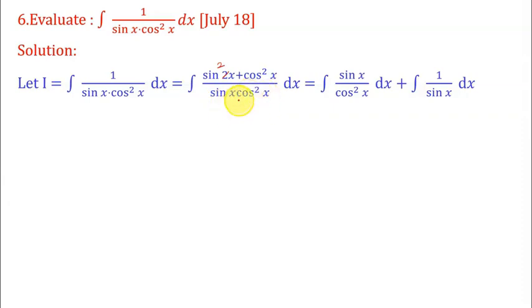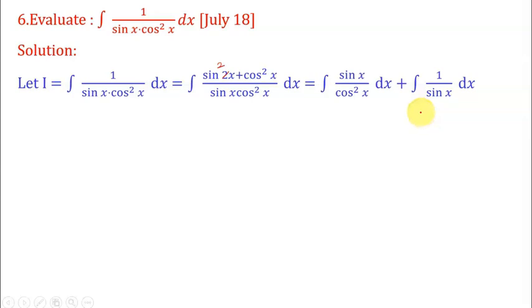Now split this up. You will get sin square x upon sin x into cos square x. One sin will get cancelled. You will get the integral of sin x upon cos square x dx plus cos square x upon sin x into cos square x. Cos square will get cancelled. You will get the integral of 1 upon sin x.